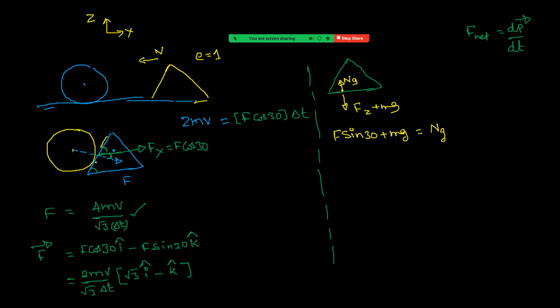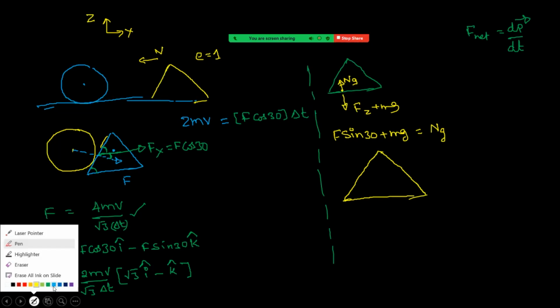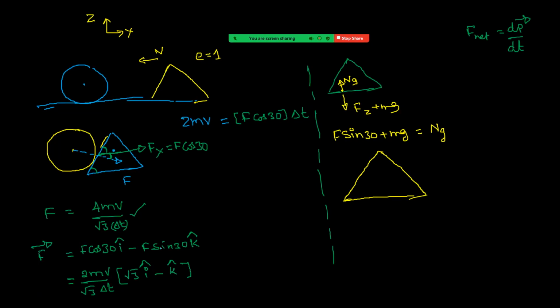In this diagram, we can see the force F by the sphere on the wedge is now like this. Okay, so I'm making the diagram once again here. Suppose this is now the centroid.